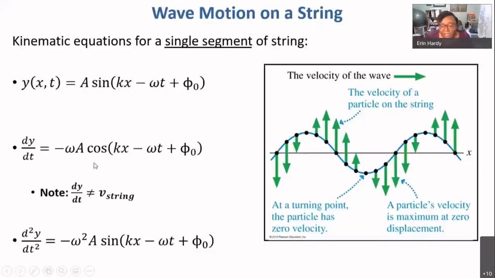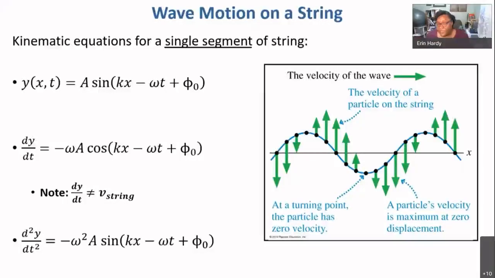One thing to keep in mind, though, is that this first derivative, the velocity function dy/dt, is not the same as the speed of the wave on a string. We can calculate the wave speed by taking a snapshot of the string, measuring a wavelength, and comparing that to a known frequency, taking the product of the two.